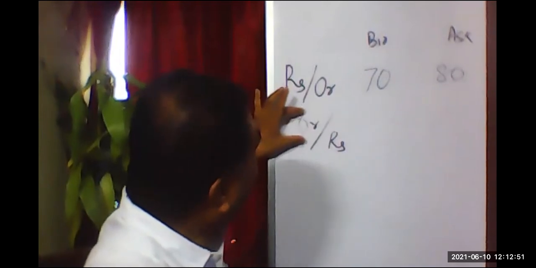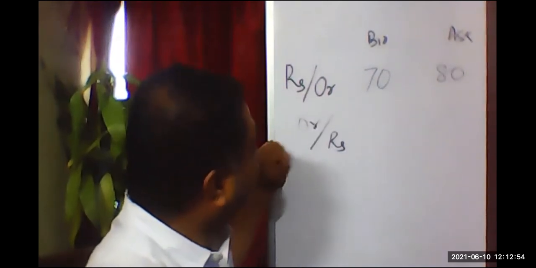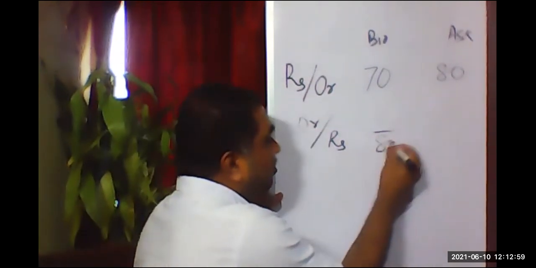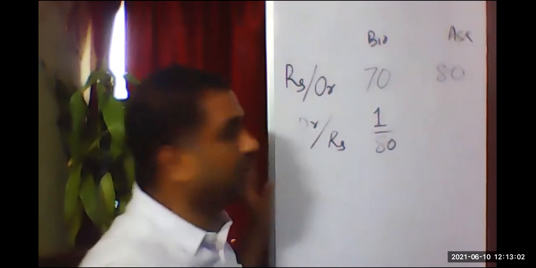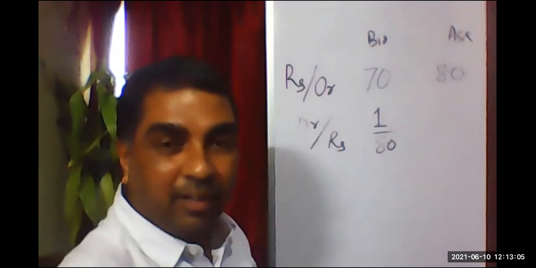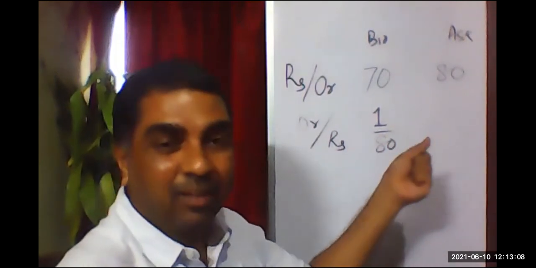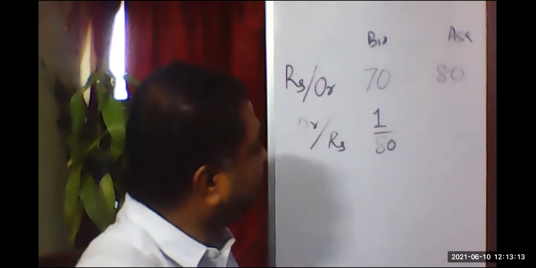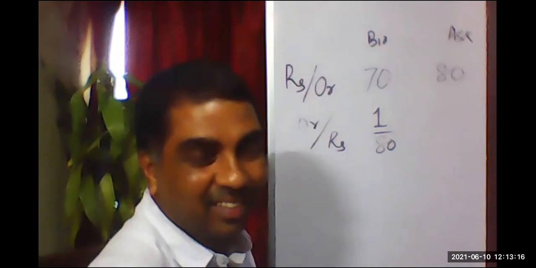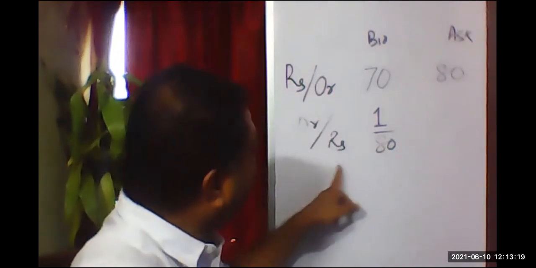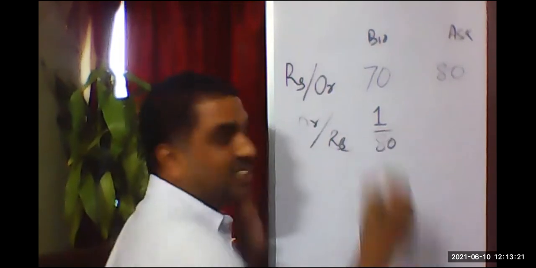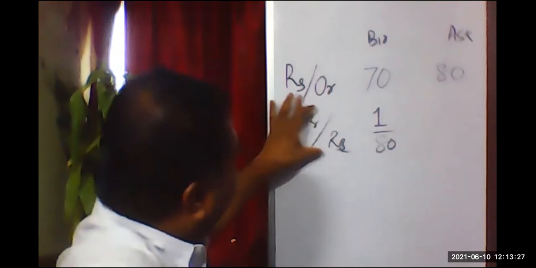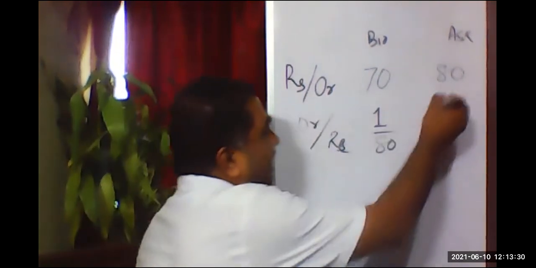But if you want to know how many oranges for 1 rupee, then I have to take 1 by 80. 80 rupees she is buying for 1 kilo orange; 1 rupee she is buying for 1 by 80 orange. So you can say buying rate for rupee is 1 by 80 orange. Therefore, bid rate is 1 by ask.